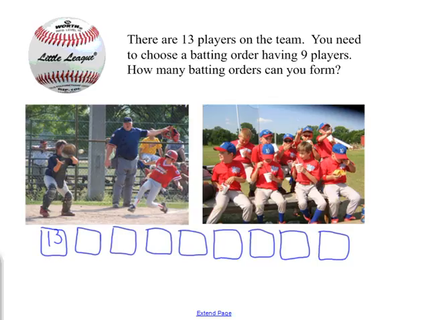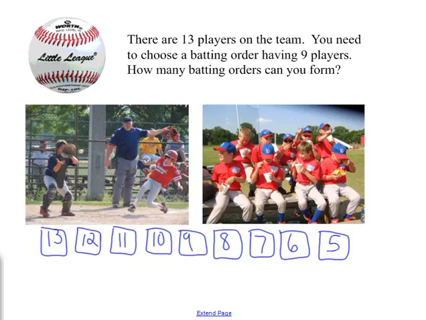But now that one player is batting first, there are only 12 more players that could possibly bat second. Now that there are 2 players already in the batting order, that leaves me with 11 players, then 10, 9, 8, 7, 6, and the last spot in the batting order, I still have 5 players on the team to choose from to put there.